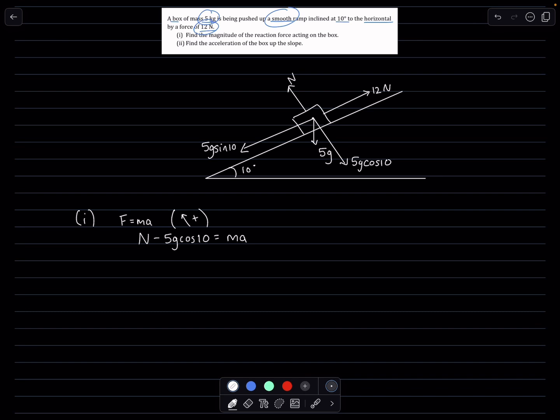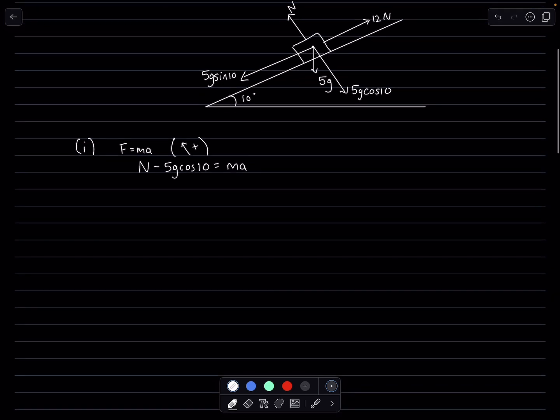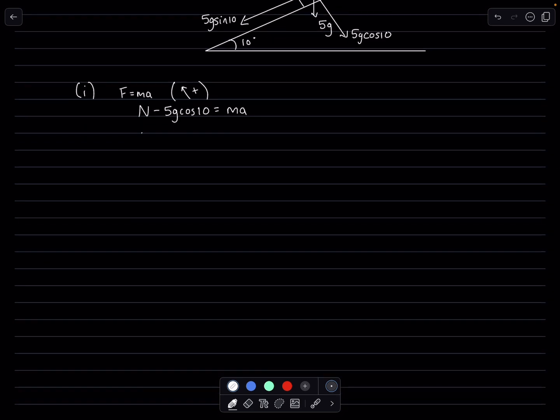And therefore the acceleration in this perpendicular direction is going to be 0. Therefore, N minus 5g cosine 10 is going to be equal to 0. And as a result, the normal reaction force is equal to 5g cosine 10, which is equal to 48.26. But let's give this to 3 significant figures, so it's going to be 48.3 newtons.